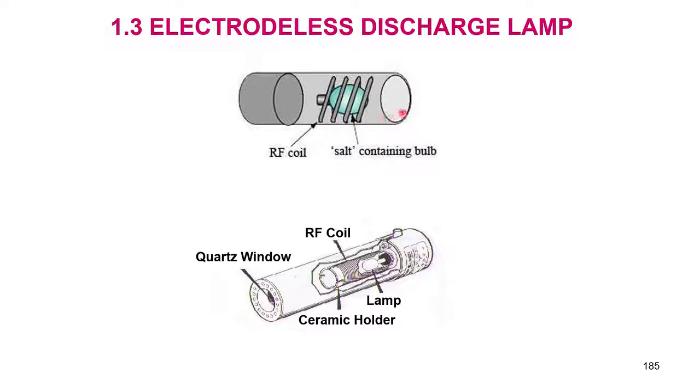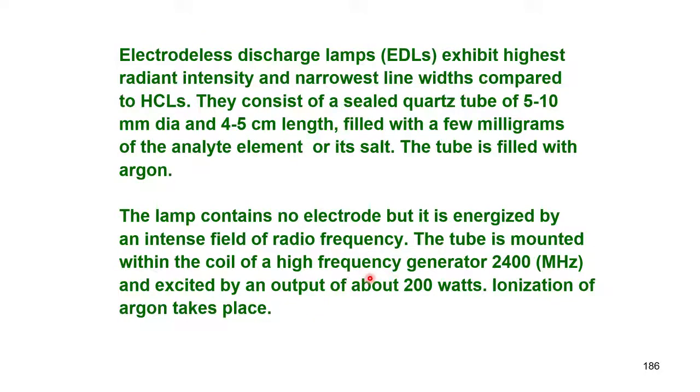So, one side is a quartz window, the other side is a connector. Essentially it is a very simple operation, the only thing is there are no electrodes here, only the salt is deposited inside the cavity of the ceramic tube on which an RF coil is wound. So, how does it work?